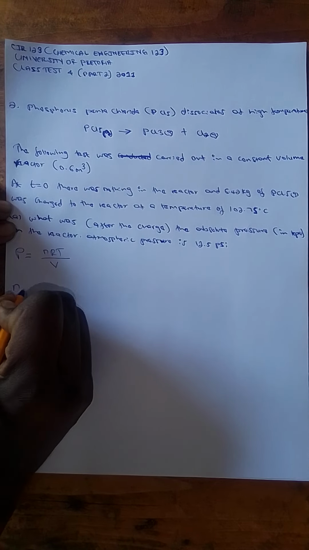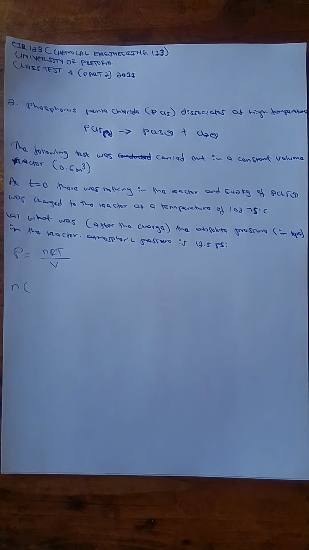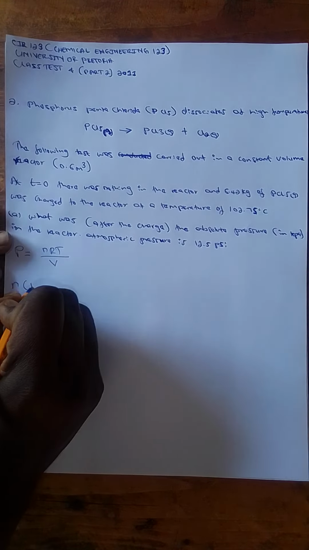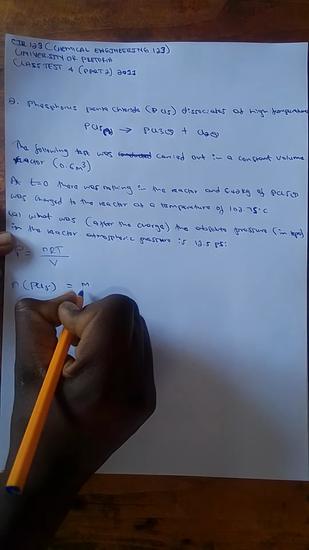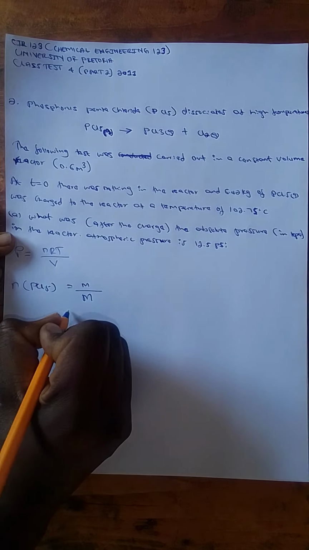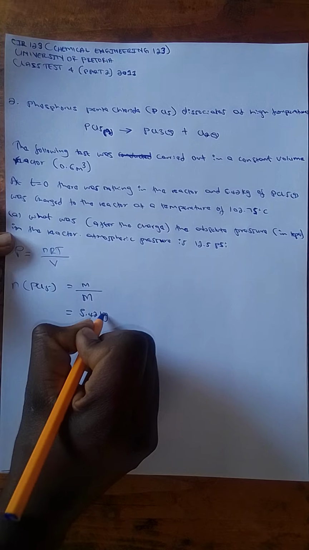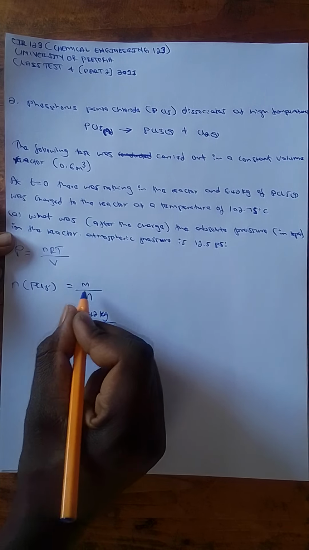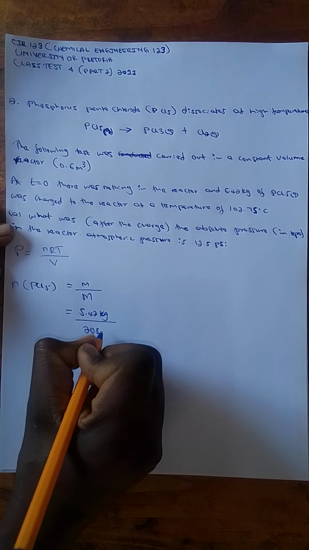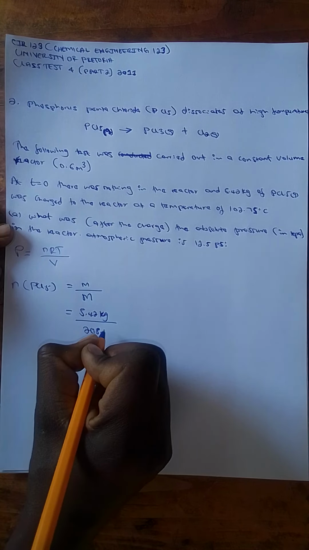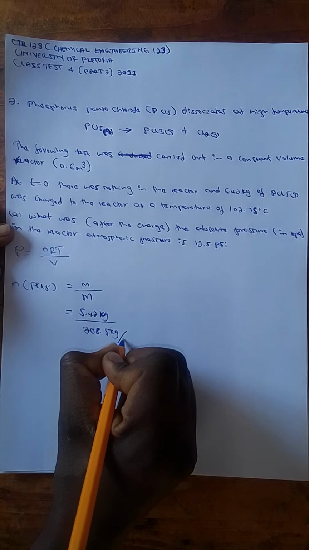So we can just say the number of moles of PCl5 is equal to the mass of PCl5 over the molar mass, which is equal to the mass, we know, is 5.42 kilograms, all over the molar mass of PCl5, which according to the periodic table is 208.5 kilograms per kilomole.